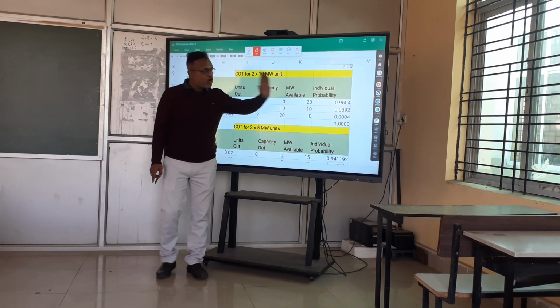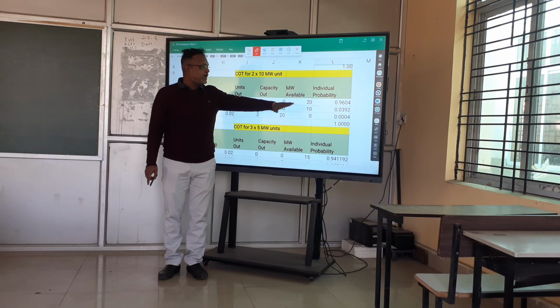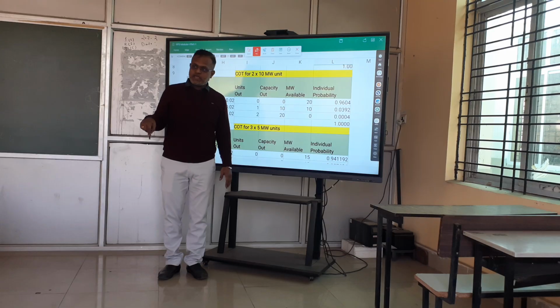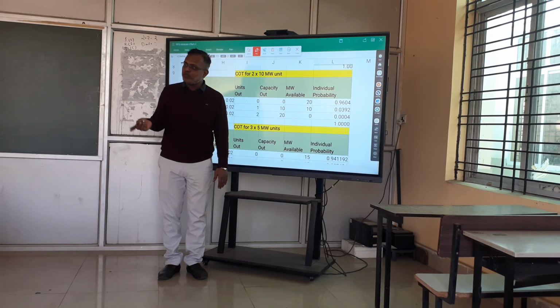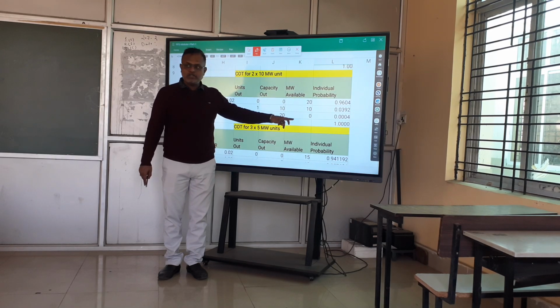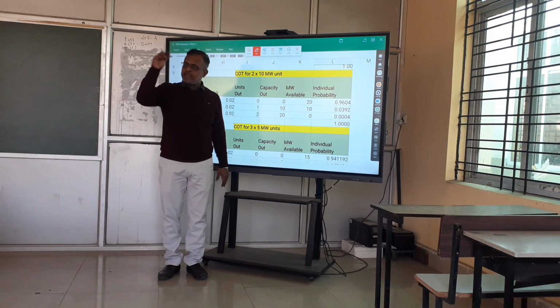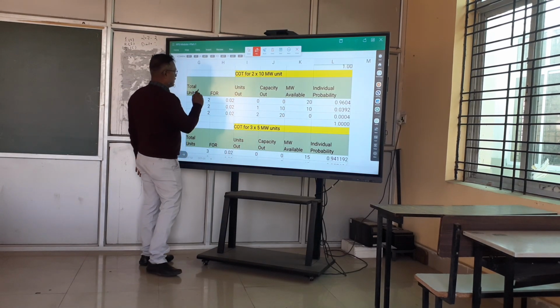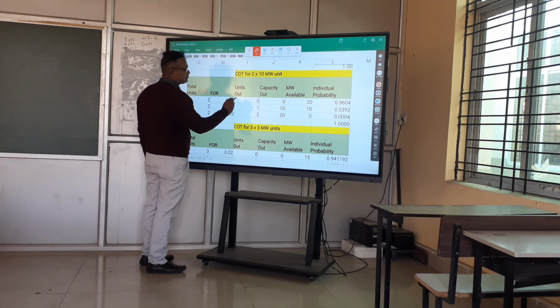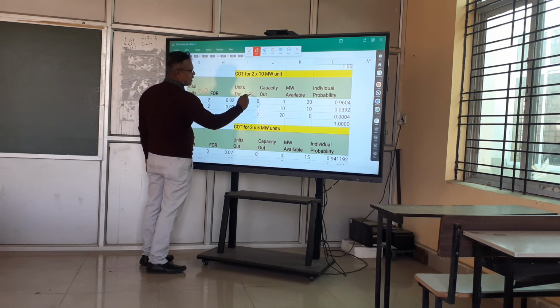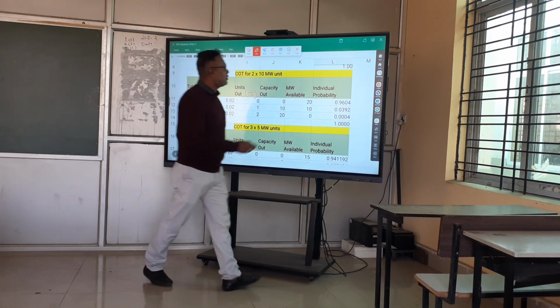So in the first case, all the 20 megawatt is available. In the second case, 10 megawatt available. In the third case, 0 megawatt available. Assuming an FOR of 0.02, what is the probability of all these cases? So now n is equal to 2. And this is R. What is the probability?